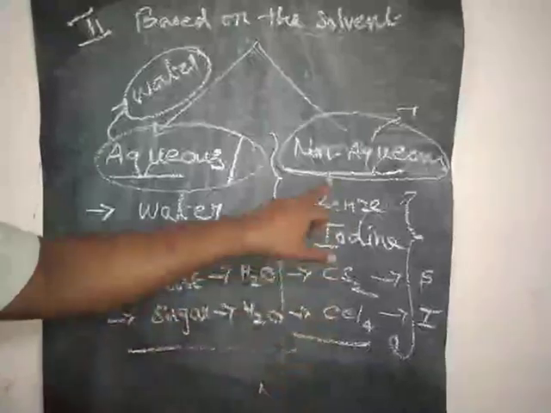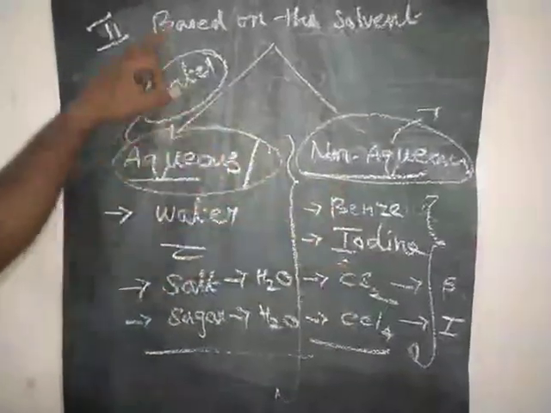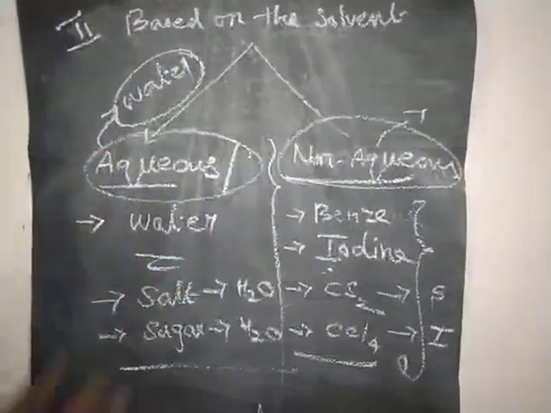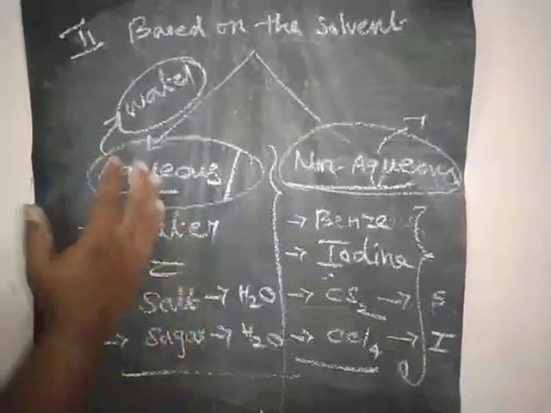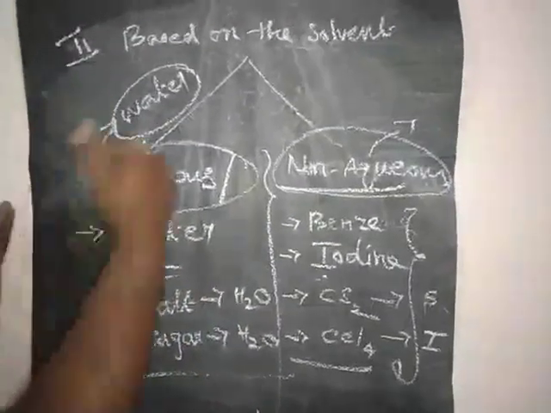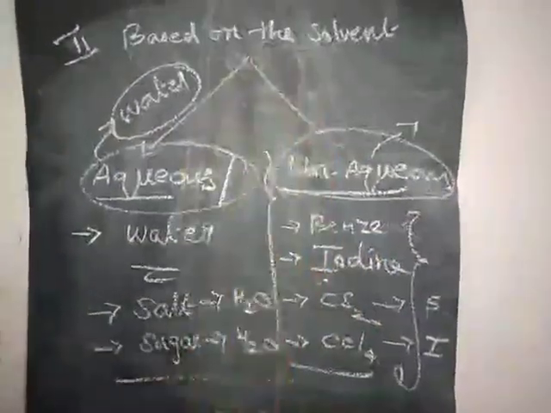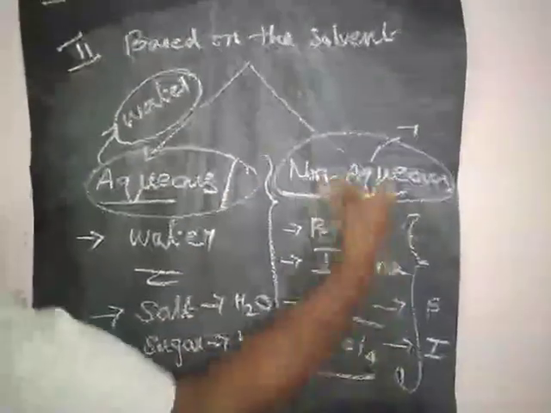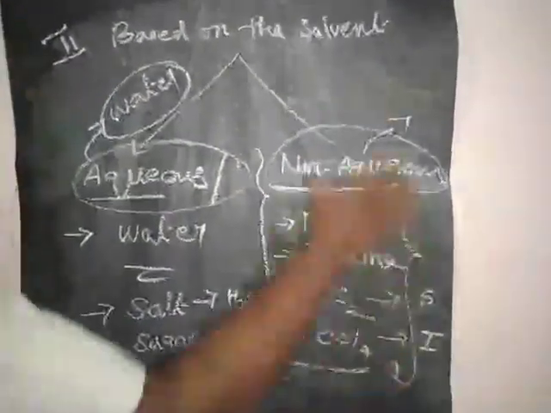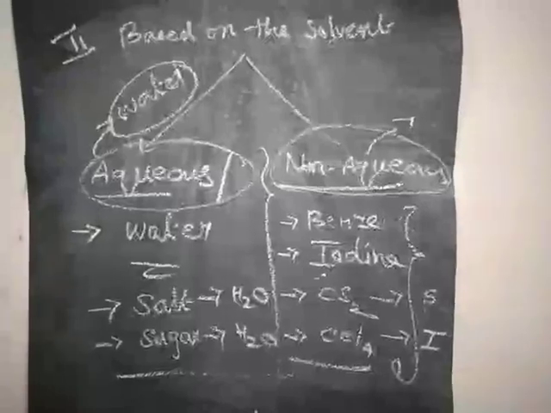These are examples of non-aqueous solutions. Aqueous solution means water acting as a solvent. Non-aqueous solution means any substance except water acting as a solvent.